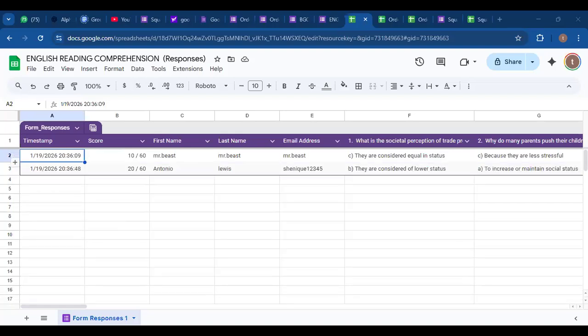I'm on number 14. Very good. Amari, what number are you on? Number 5. Very good. Antonio Lewis, you have to redo your quiz.